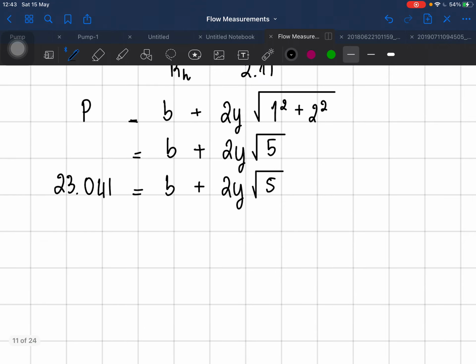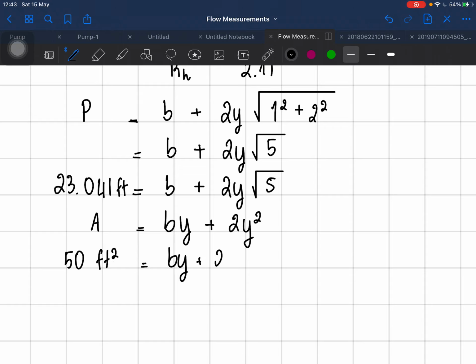A, which is actually b, like this, plus 2y squared, and A is equal to 50 feet squared. Equation 1, equation 2.